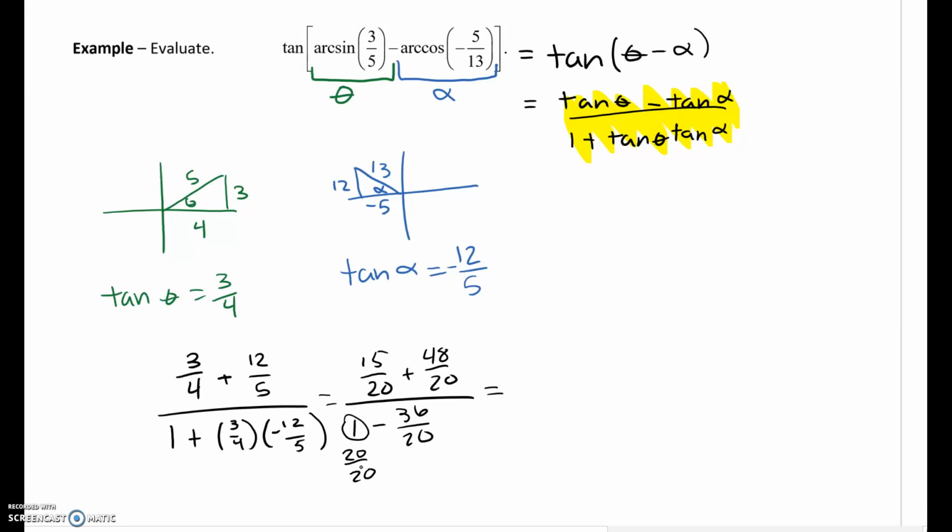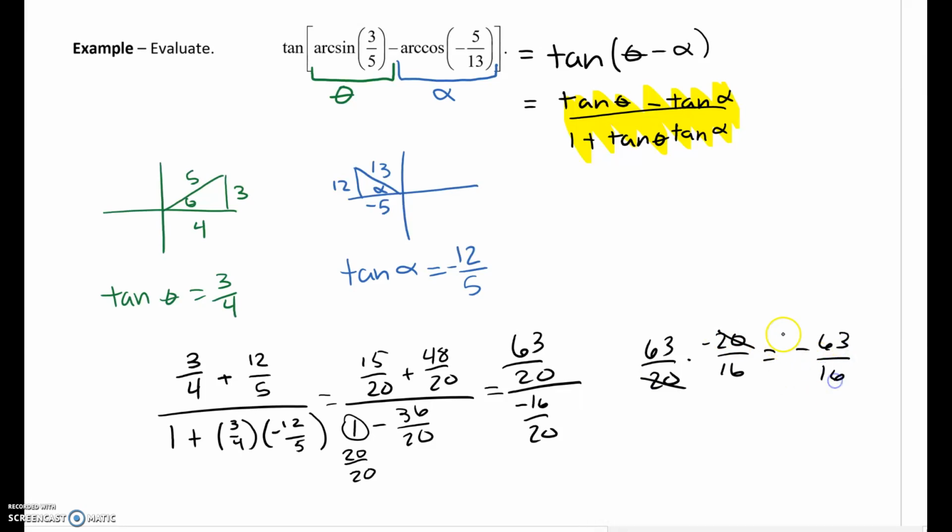So 15 plus 48 is 63. 63 over 20, divided by 20 minus 36, which is negative 16 over 20. Now, when I'm dividing, I can just flip it and multiply. So I have 63 over 20 times negative 20 over 16. The 20s will cancel, and your answer is negative 63 over 16.